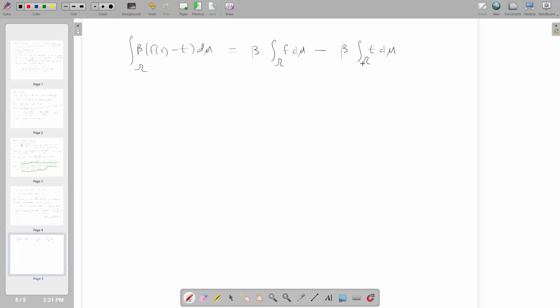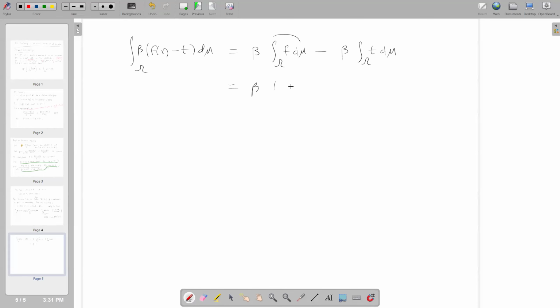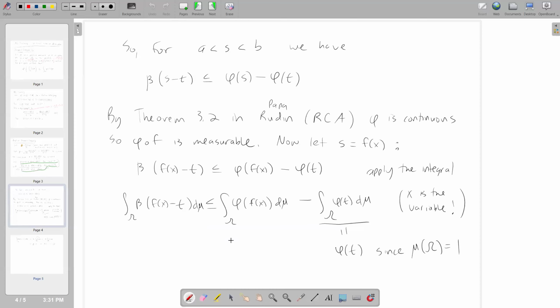Remember, t is fixed here, and this is a set of measure one. So if we also recall that this was the definition of t at the beginning, this is actually beta t minus beta t. So this is 0.